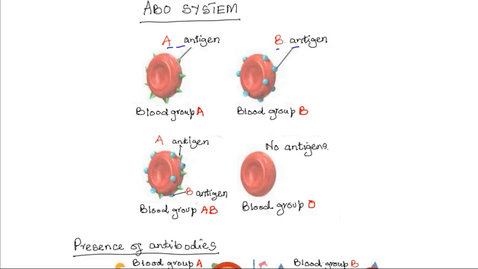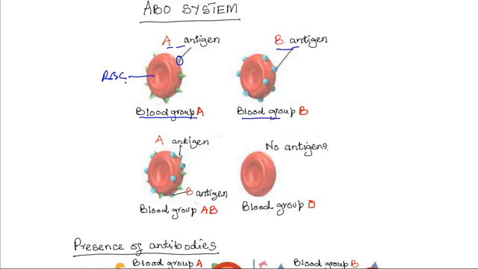So, this is a red blood cell. If on the plasma membrane there is antigen A, then that blood is grouped as A, blood group A. Likewise, an individual in whose blood the red blood cells have B antigen, that blood group is B. Then there are those individuals on whose red blood cells antigens A and B are both present.